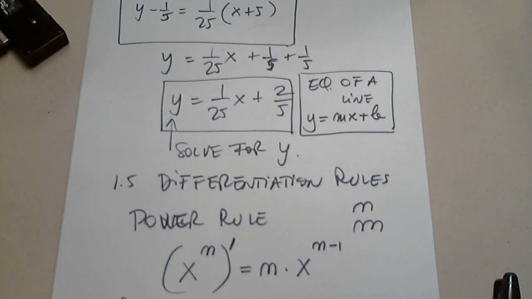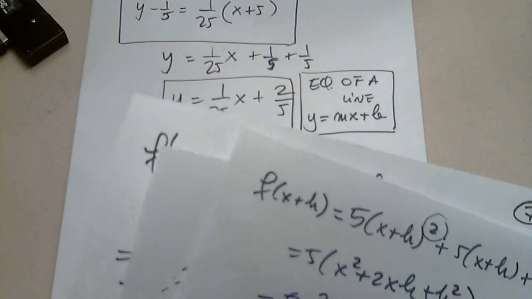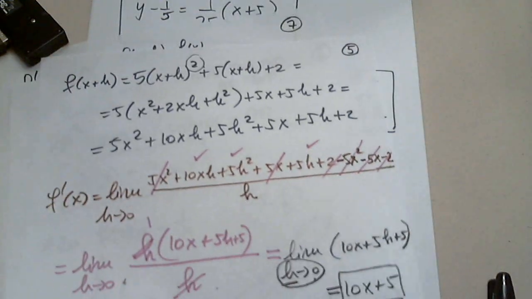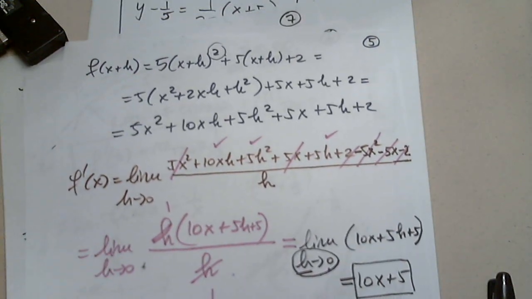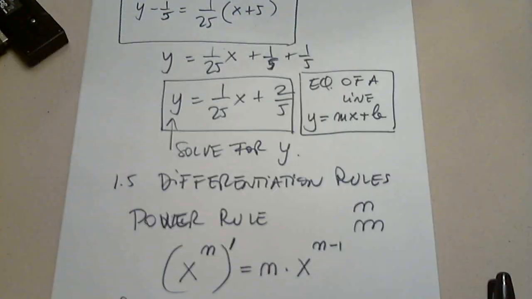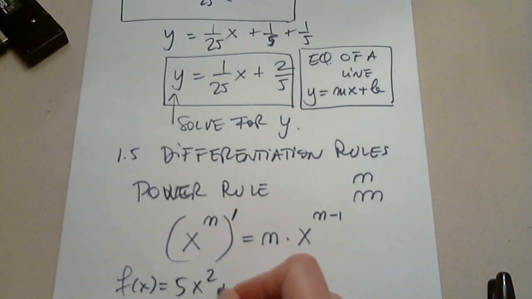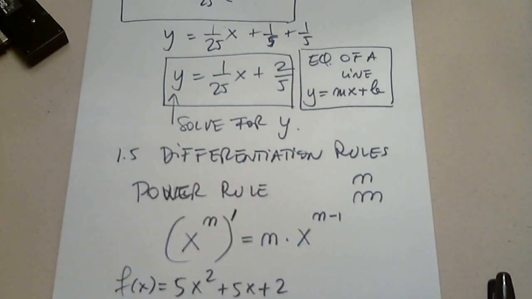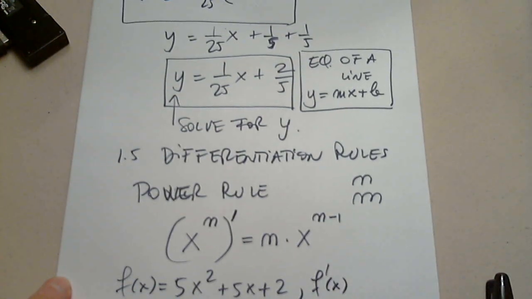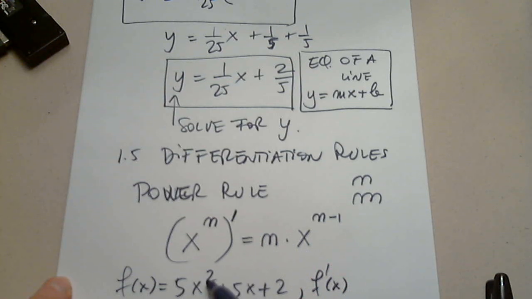So when we had that function before that I needed to write 2 pages on, roughly, how do we determine this without doing all the hard work? So 5x squared plus 5x plus 2. Using the power rule, f prime of x, we bring down 2, subtract 1 from the power.